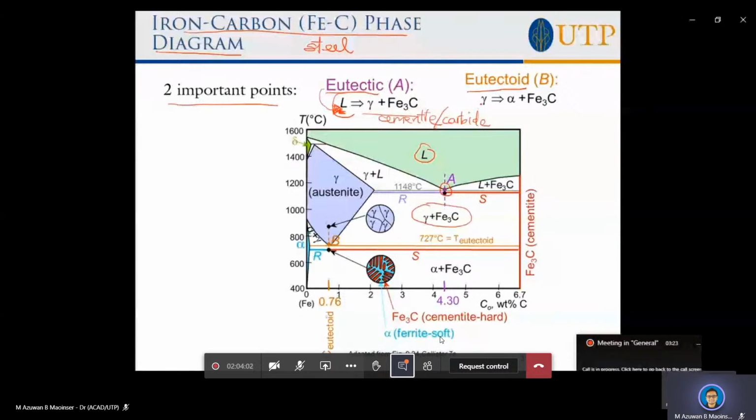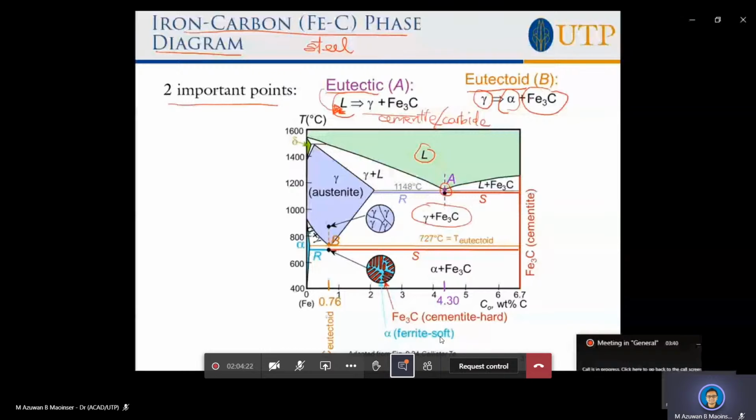If you have a conversion of solid, now I have gamma changing into two different types of solid. Okay, these are two different phases of solid. I have alpha and also cementite. So all these are solids.